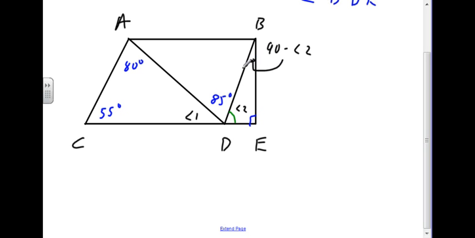And on this side of it, we're going to call him 90 minus 90 minus angle 2. So this guy is the same as angle 2. Interior, okay, so those two are both going to be the same.